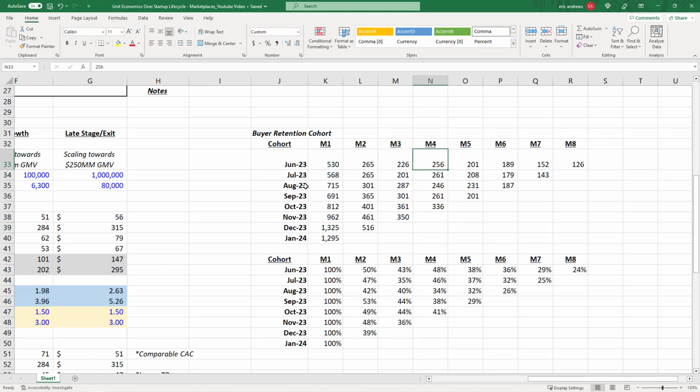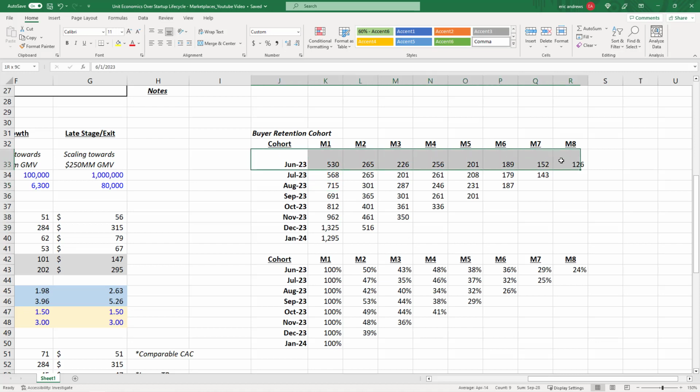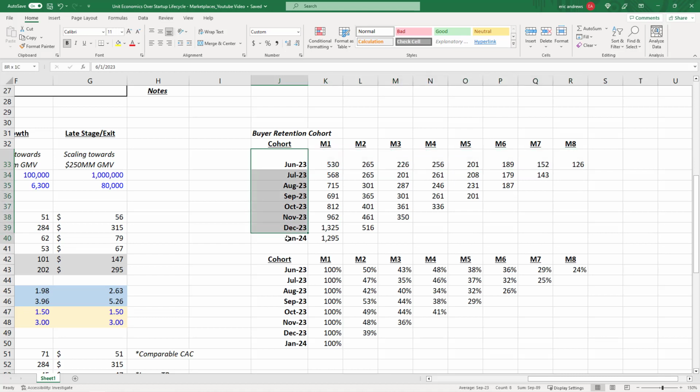And so this allows you to look at the entire stream of repeat purchase behavior from a cohort of customers. And a cohort basically means a group of customers that bought in the same month. And so what you can do here is you can look at different customers. These customers bought for the very first time in July, and then here's their retention. So the July customers, in the third month of their lifetime, 35% of them were still buying.